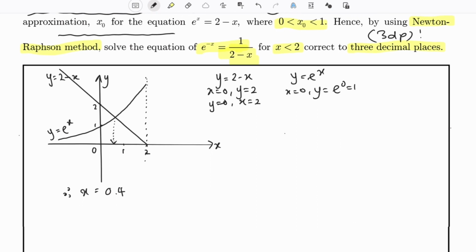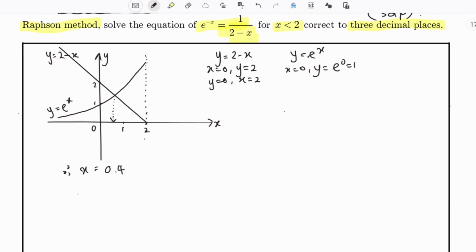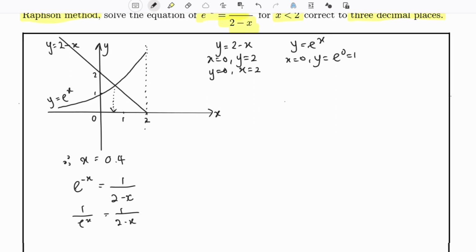So next, by using the Newton-Raphson method, solve the equation. So we have e to the negative x equal to 1 over 2 minus x. So 1 over e to the x equal to 1 over 2 minus x.